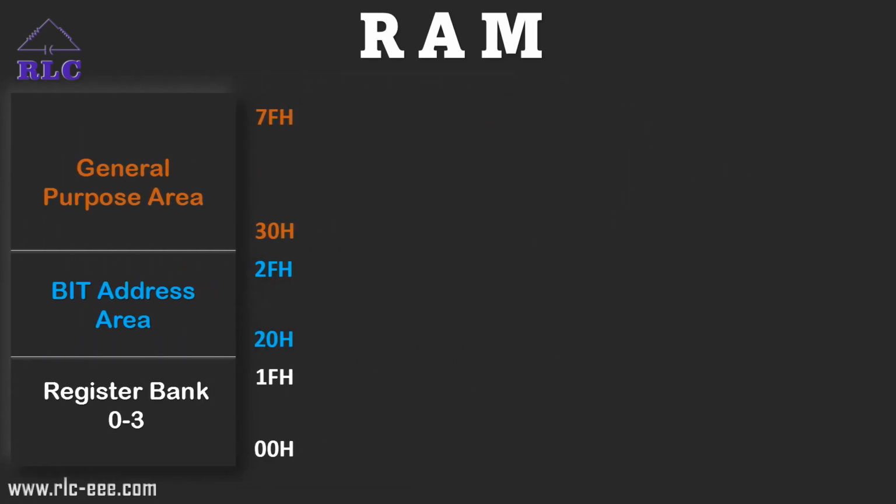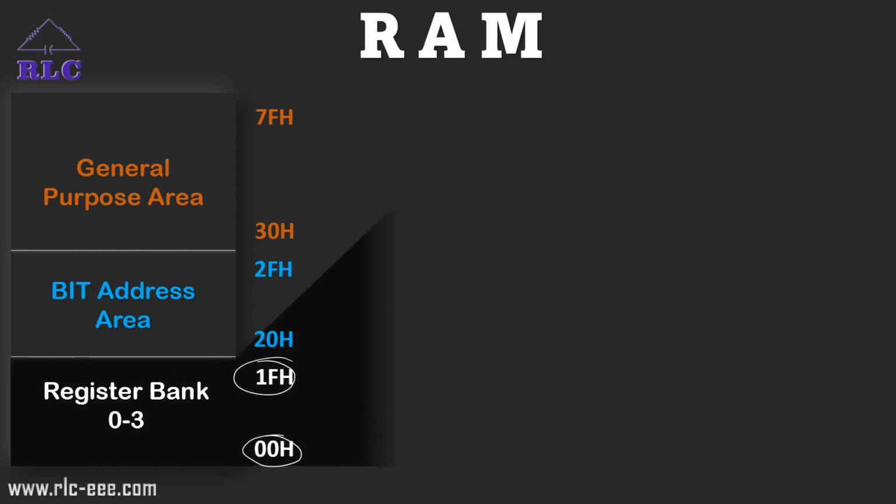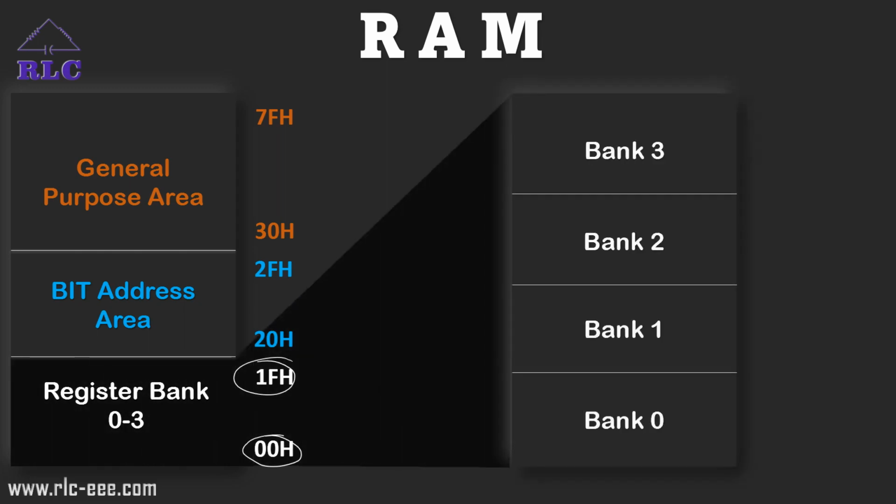The first 32 bytes, from memory location 00H to 1FH, are organized as 4 banks: bank 0, bank 1, bank 2, and bank 3. Each bank has an equal share of 8 bytes, because the register bank of 32 bytes has been divided into 4. 32 divided by 4 gives 8 bytes each.